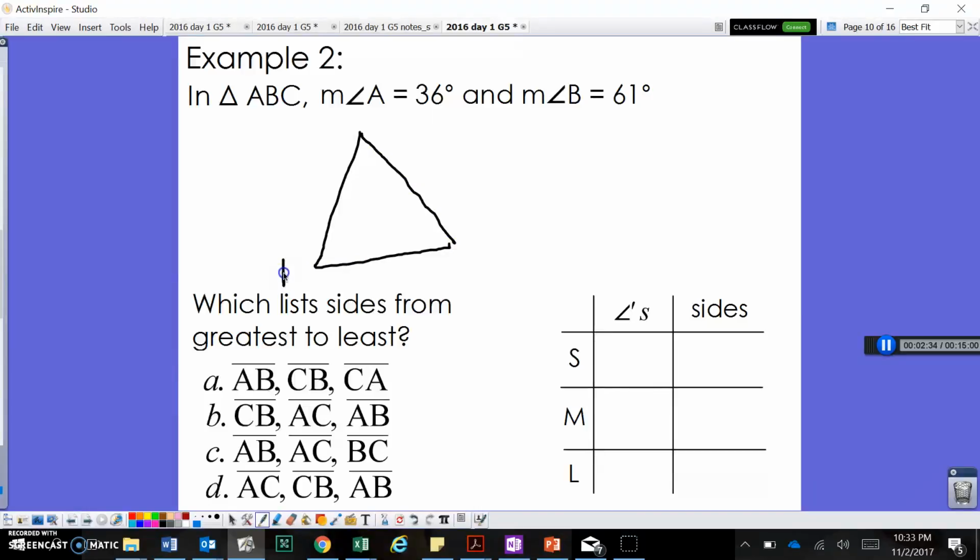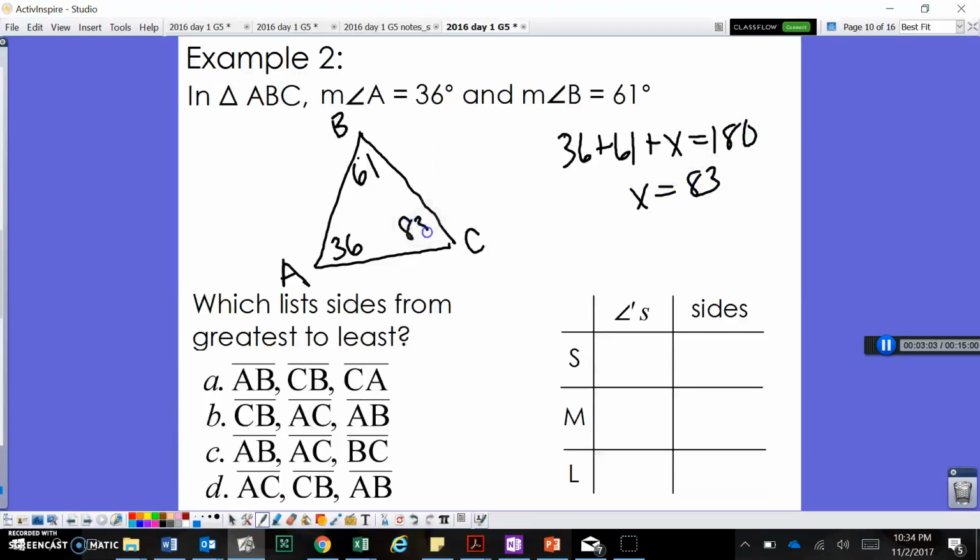So we have angle A, angle B, angle C. So we said that angle A is 36, angle B is 61, and we don't know angle C, so we need to solve for that. So we have 36 plus 61 plus our X equals 180. Solve for X. X equals 83. So this is going to be 83 degrees.